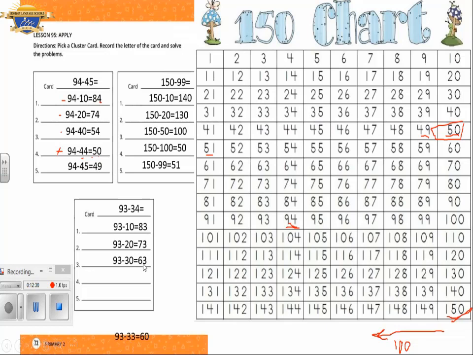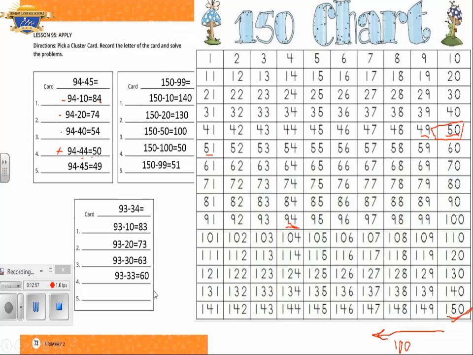Problem number 4, I will subtract the number just before 34, which is 33. So 93 minus 33 equals, I will subtract tens and ones. 9 minus 3 equals 6 and 3 minus 3 equals 0.